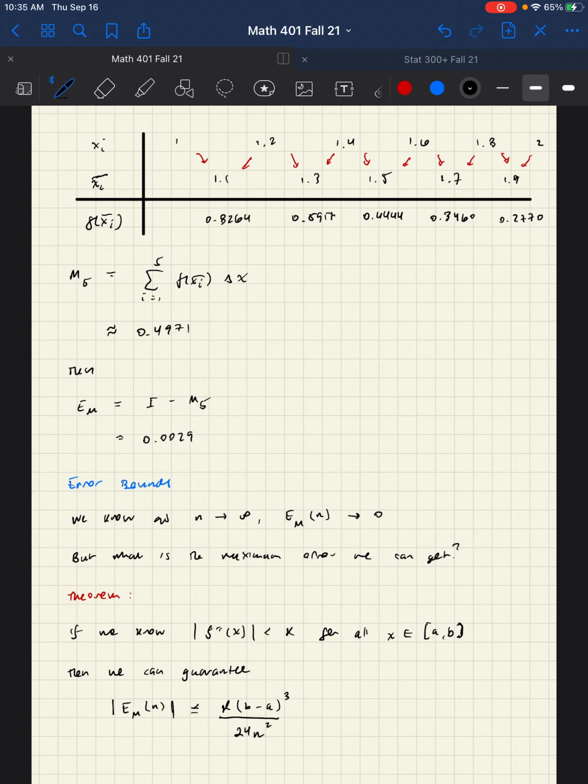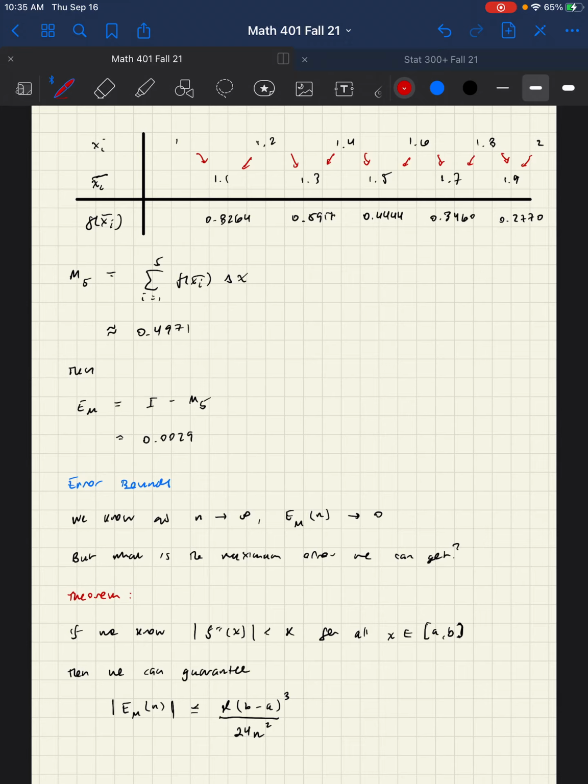Okay. There's a lot going on here, okay? But let's just focus on what this means, right? So some interpretation. First of all, K is constant, okay? K is this upper bound on the second derivative. So what we're saying is the error depends on the curvature or the concavity, how much the function curves.